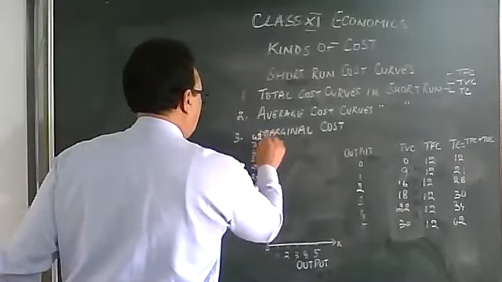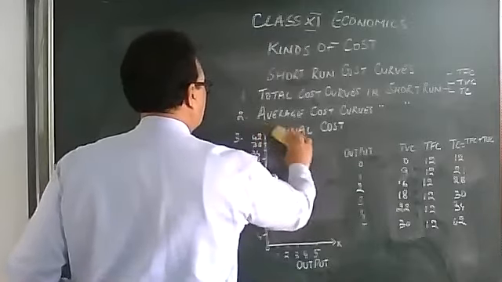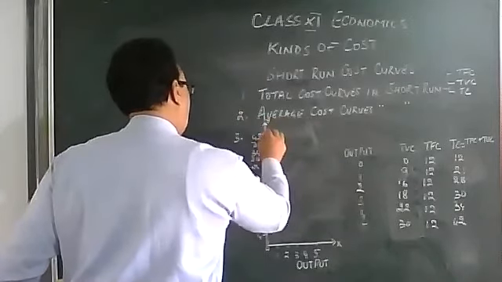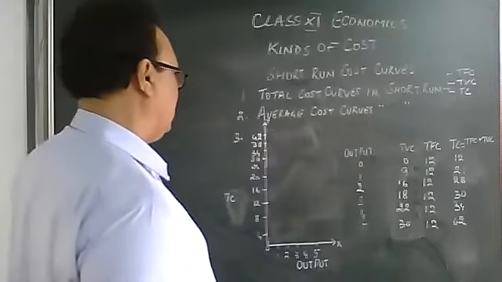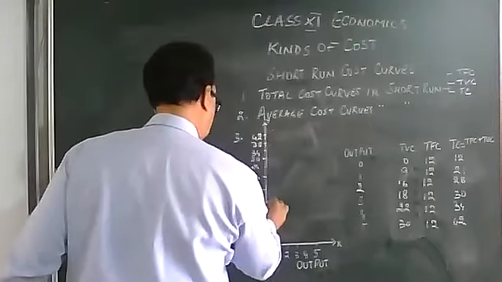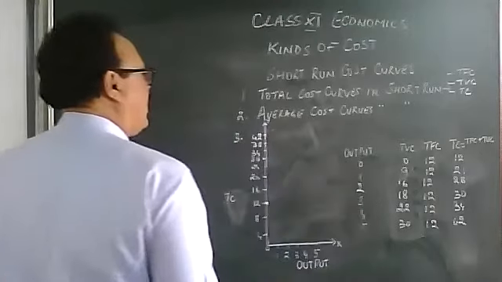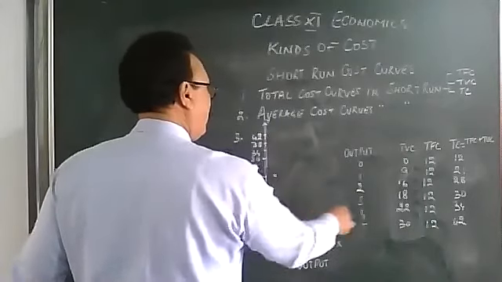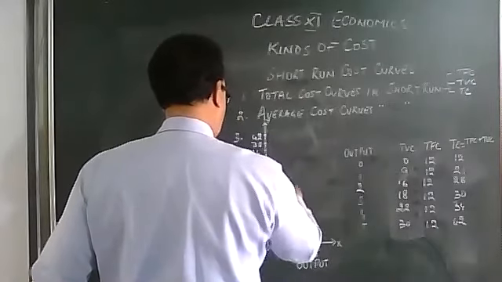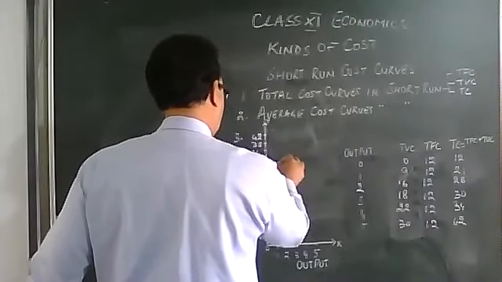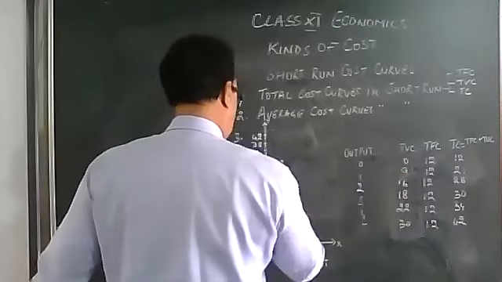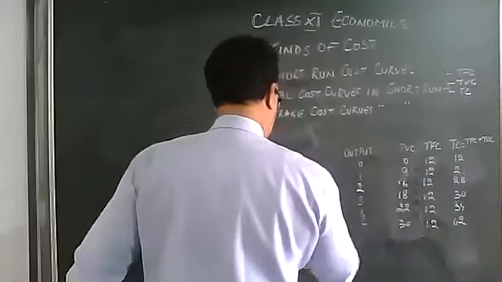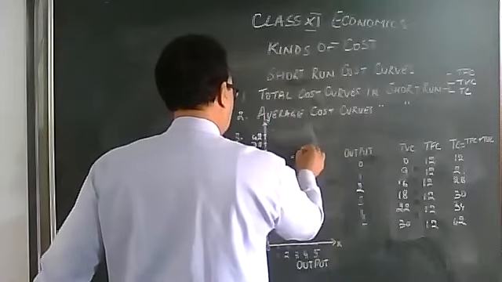Alright, plotted. 0 is 12. 1 is 21. 2 is 28. 3 is 30. 4 is 34.